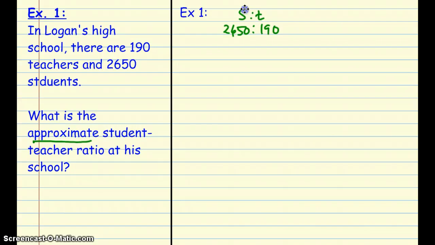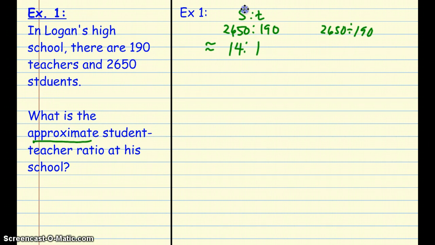All I'm going to suggest is that we take 2,650 and divide it by 190. When we do that, we get approximately a 14 to 1 ratio. And so that means for every 14 students, we have one teacher.